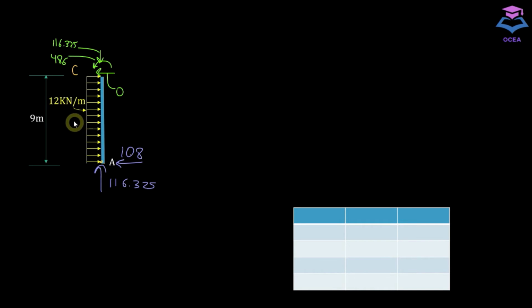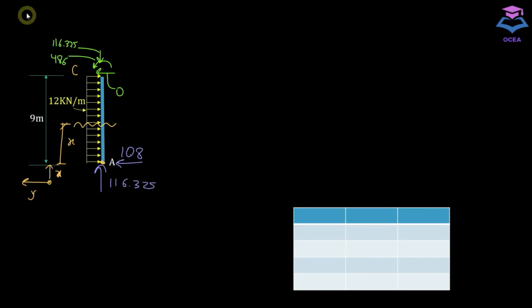To do that, we first need to cut an imaginary section to write the moment equation and shear force equation. So let's take this coordinate as x, starting from here, and first let's set the local axis. Take this as y, going towards left, positive, and x going upward as positive.